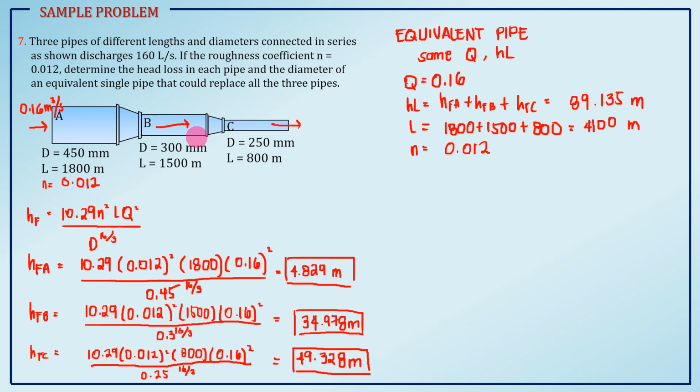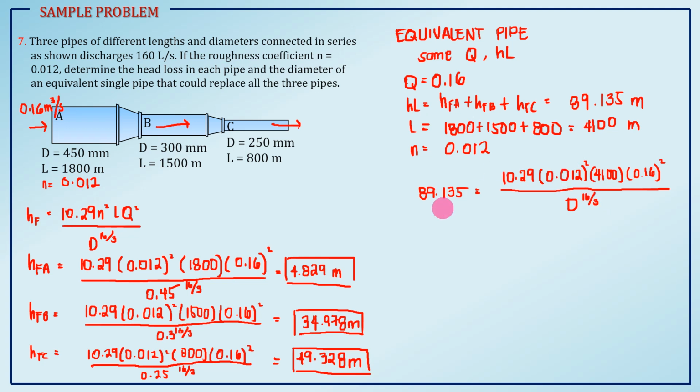So, susunod natin siya using the major head loss ni Manning pa rin since N yung given sa atin. So, the HF is 89.135, no? You can use the stored value of that, equal to 10.29, N 0.012, L 4,100, Q 0.16 squared, N squared, L Q squared, D ay unknown diameter, 16/3.